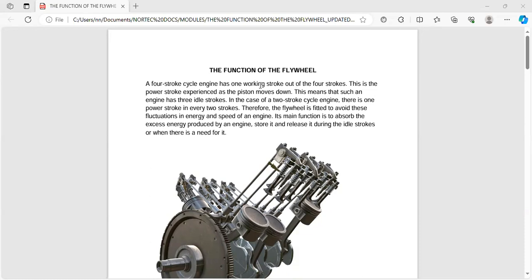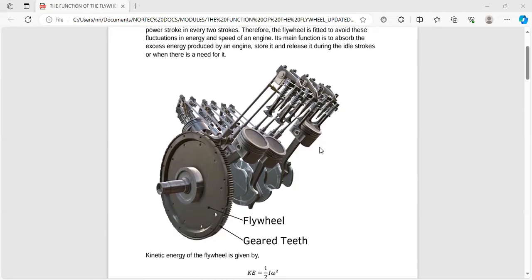Here, I need to emphasize that whether you decide to use a 4-stroke or a 2-stroke cycle engine, the function of the flywheel remains the same. As you can see in the picture, we have this flywheel and you have your engine there operating. And I think from what I can see, this looks like a V6.